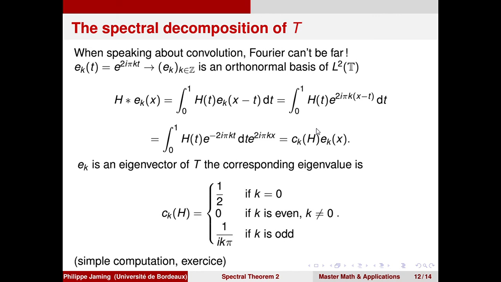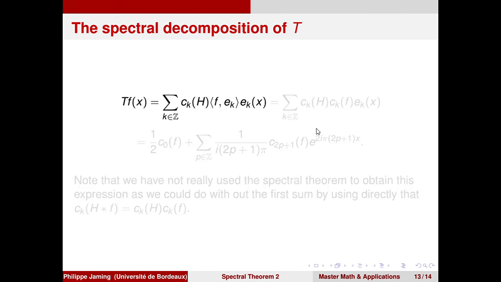And a simple computation that I leave as an exercise shows that c_k of h is 1/2 if k is 0, 0 if k is even, and 1 over i k pi if k is odd. So what do we now have? Tf of x is the sum over k in Z of c_k(h) times the scalar product of f with e_k, that is just what the spectral theorem tells us.